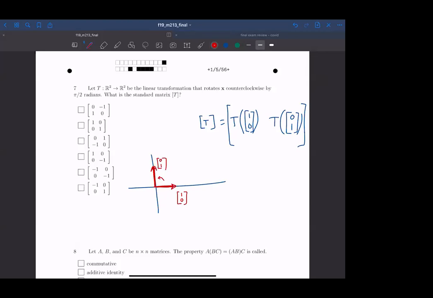And so that tells me that my first column is 0, 1, because that's what happened to the vector 1, 0 when I plugged it into the transformation T. Now I can do the exact same thing, but starting with the vector 0, 1. When I rotate the vector 0, 1, I end up with the vector -1, 0. And so that becomes my second column, -1, 0. Any questions there?